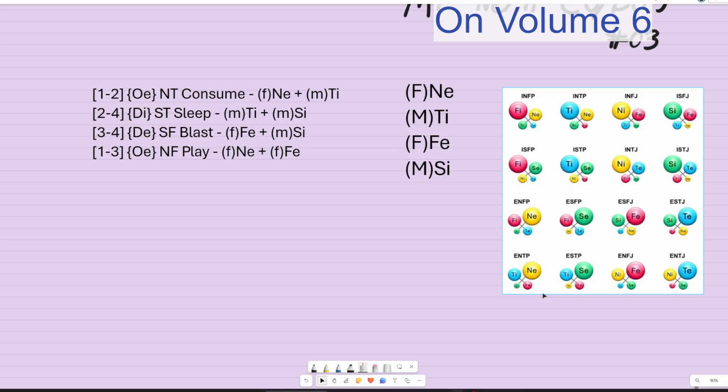1 to 2, OE, because that's the point of directionality in terms of what's the lead function. Sometimes we might say 1 to 2 OE NT consume. Sometimes we might say OE 1 to 2 NT consume. That directionality and that ordinance sometimes gets interposed.